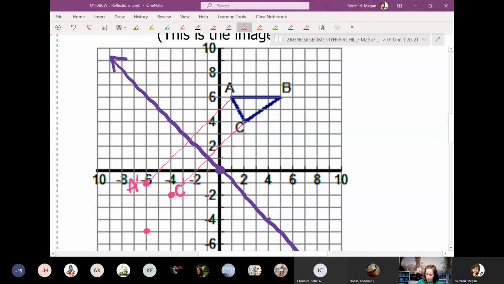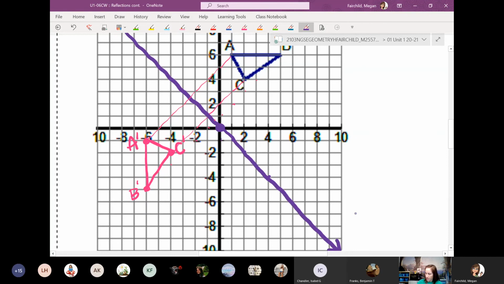When I counted, I actually had it right there, and I knew that wasn't right because I could see that A and B made a straight line, so I had to recount. It happens to the best of us. All right, I'm going to draw my image, my triangle. There's my reflected image. I have now reflected over the line y equals -x.